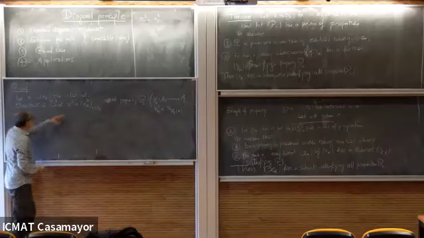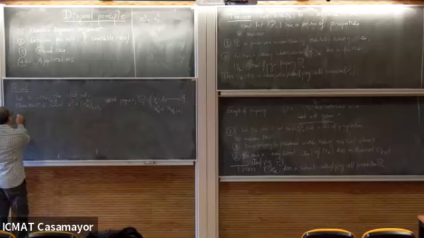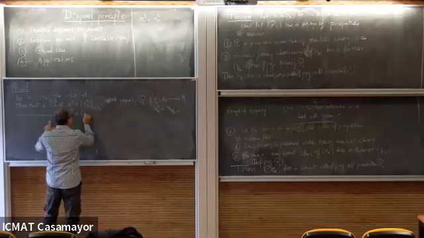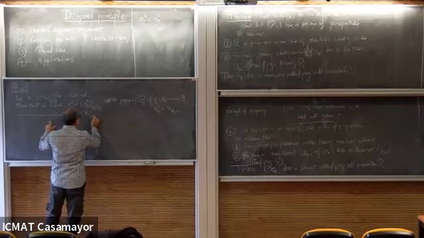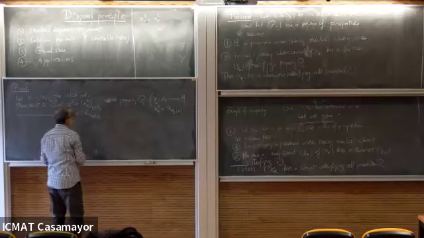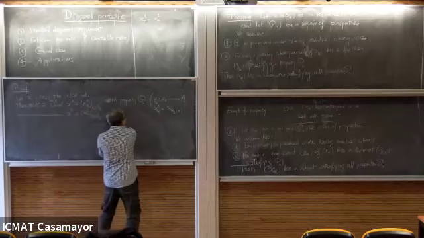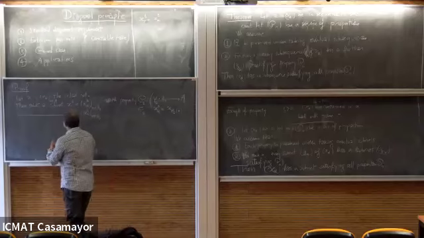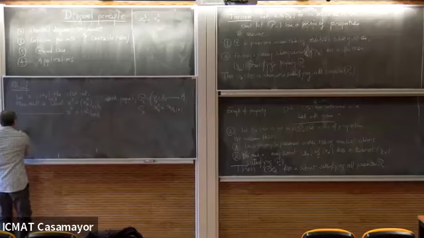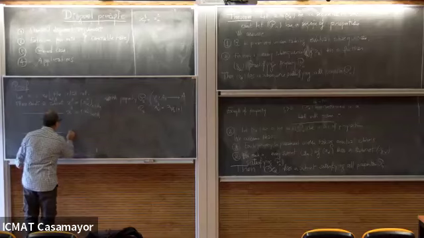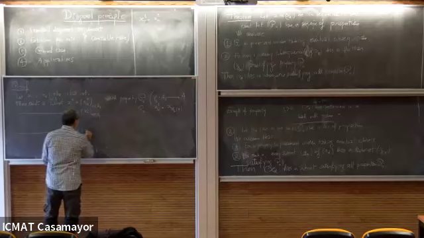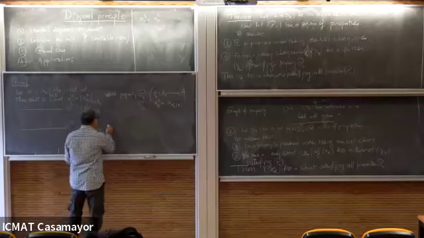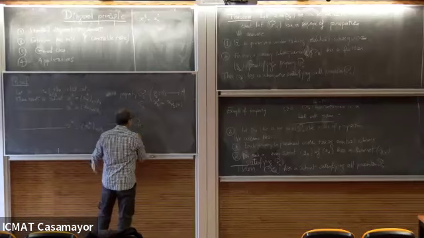Now, as for sequences, we can extract a subnet X2 equal X2 alpha, alpha belongs to another set A2, satisfying property P2. And of course, at stage k, there exists a subnet Xk equal to X alpha k, alpha belongs to Ak, satisfying property Pk.